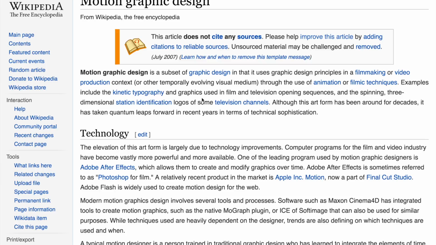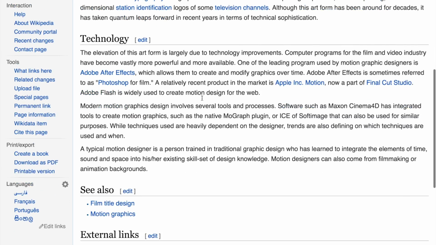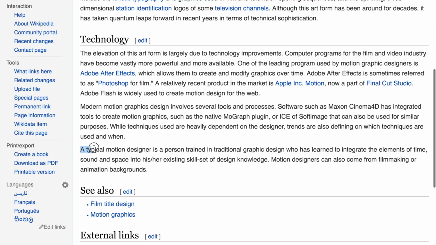But lately, with applications and the web becoming more and more interactive and animated, motion design is becoming more important and more relevant today. And that's why we start seeing these guidelines for the first time, right? What I really loved here is this section.